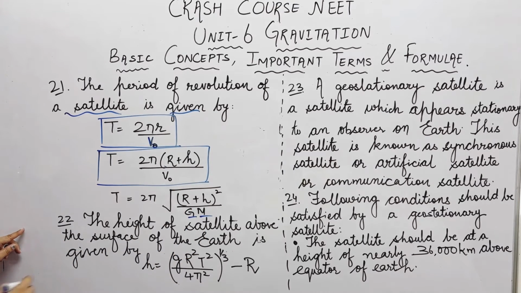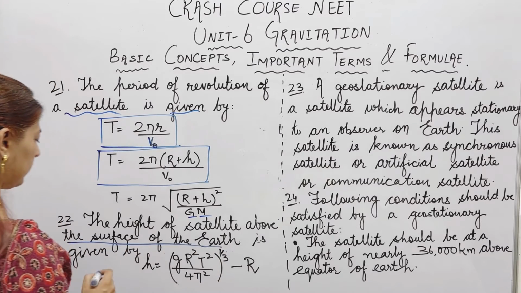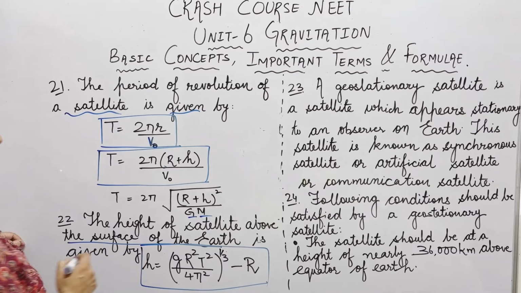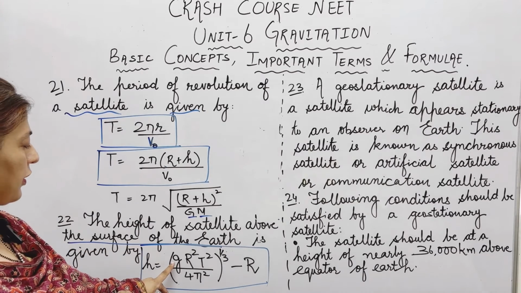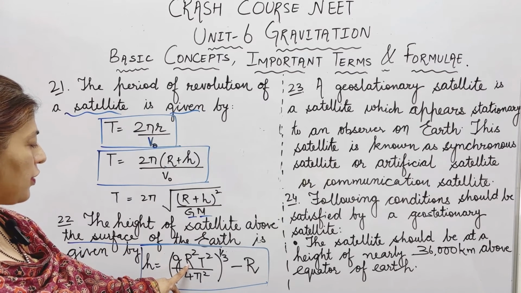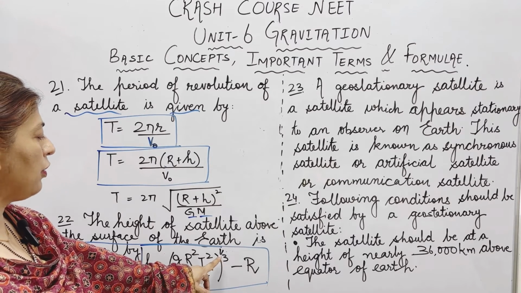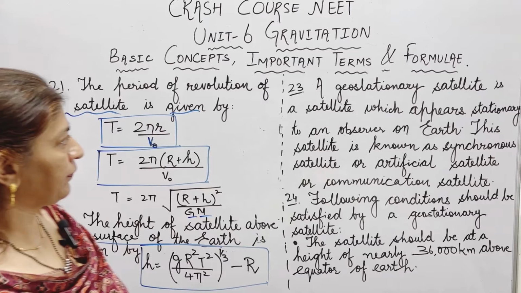The height of satellite above the surface of earth is given by the relation h is equal to (acceleration due to gravity small g, R square radius of earth, T square time period, upon 4 pi square) to the power 1 by 3, minus R.